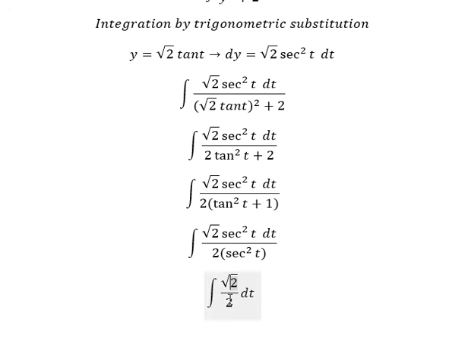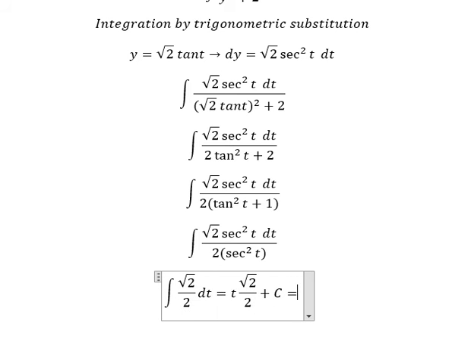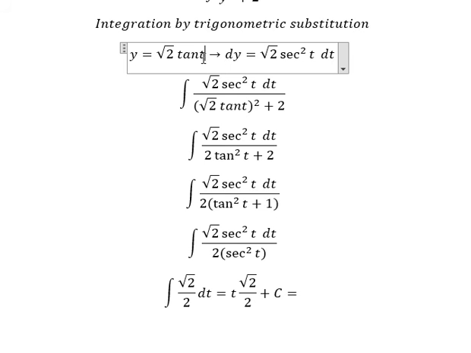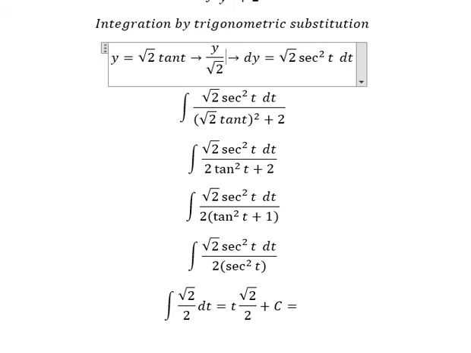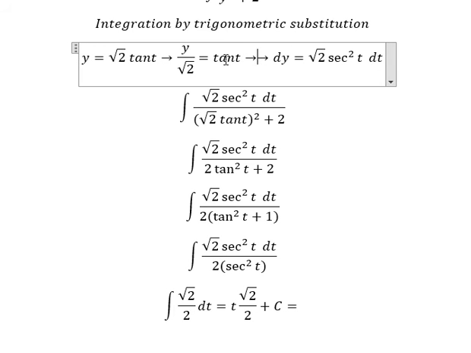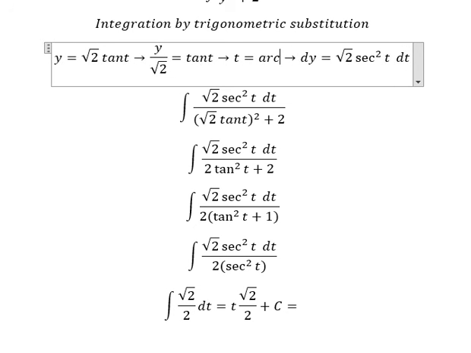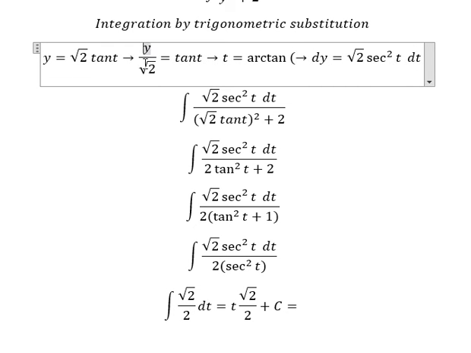So this one we will have t. That's it for this one. So we divide both sides by the square root of 2. And we have t equals arctan of this one.